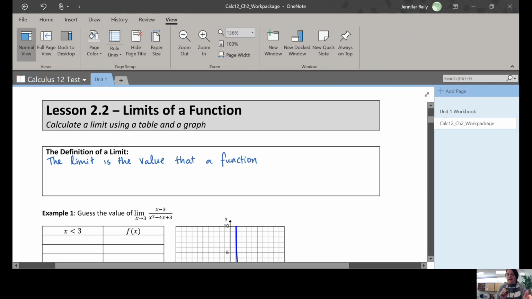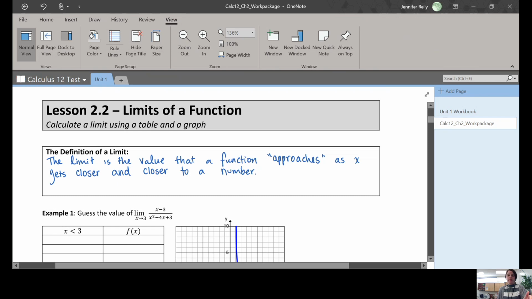So notice I'm not saying the limit is a value that a function is equal to. It's the value that a function approaches as x gets closer and closer to a number.